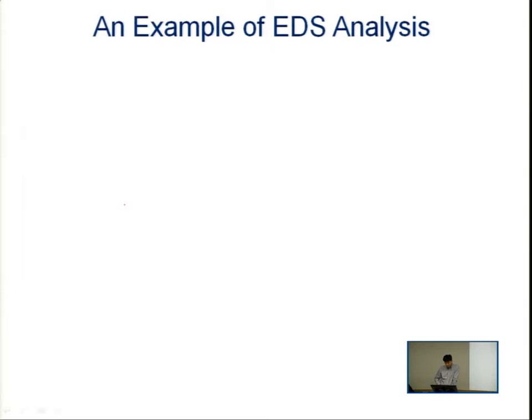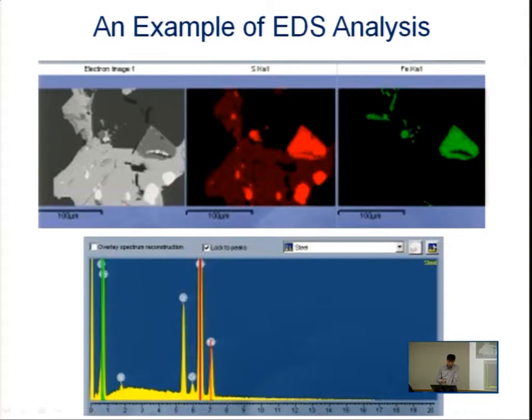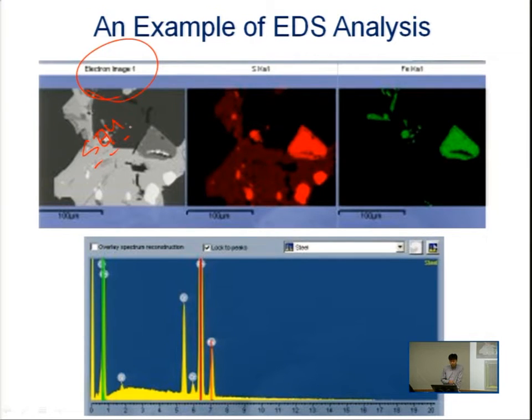So this is a regular SEM image. If we already know what elements make up the sample, we can search for those specific elements, in this example sulfur and iron.